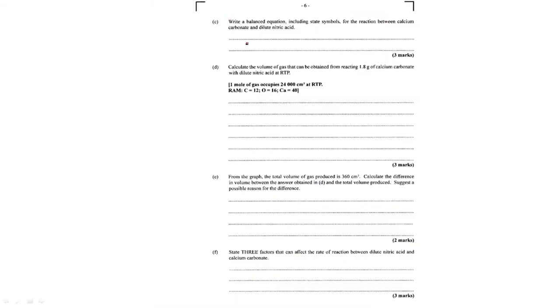And then it says write a balanced equation including state symbols for the reaction between calcium carbonate and dilute nitric acid. So you need to know this. So we know calcium carbonate looks like this, CaCO3, and they already told us that it was powdered, so it's a powdered solid, plus dilute nitric acid, which is HNO3, and acids are always aqueous.